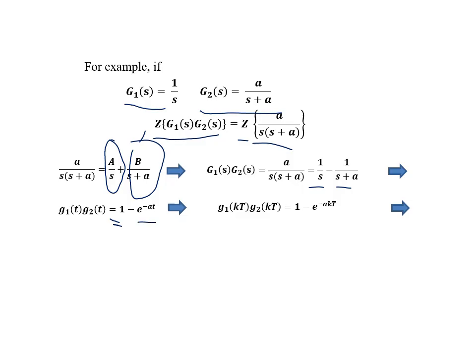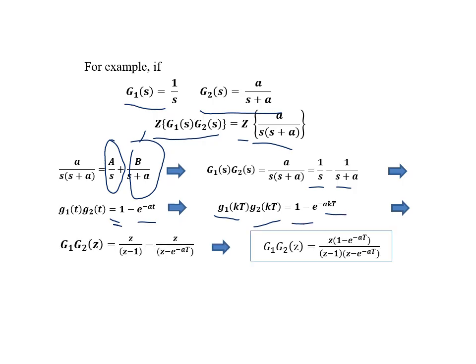Then we get the sampled form of it, which is G1 of KT times G2 of KT, which is 1 minus e power negative AKT. Then we get the Z transform of the multiplication: the Z transform of 1 equals Z divided by Z minus 1, and for the exponential it is Z divided by Z minus e power negative AT.